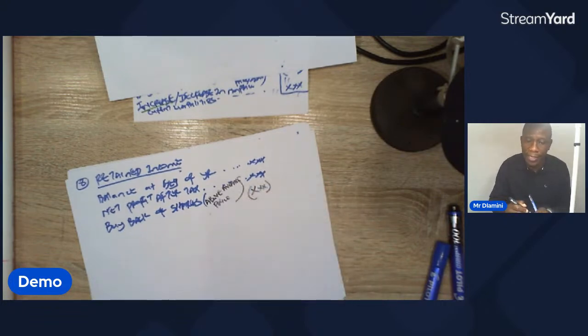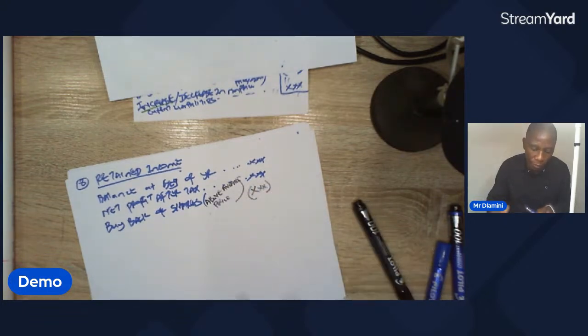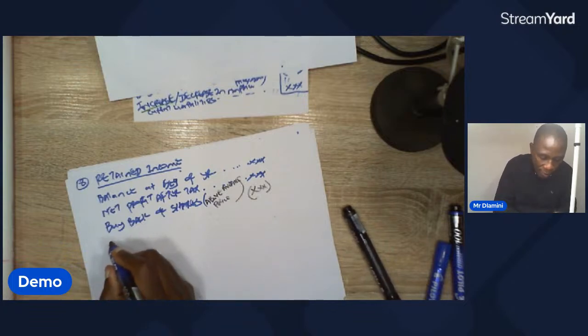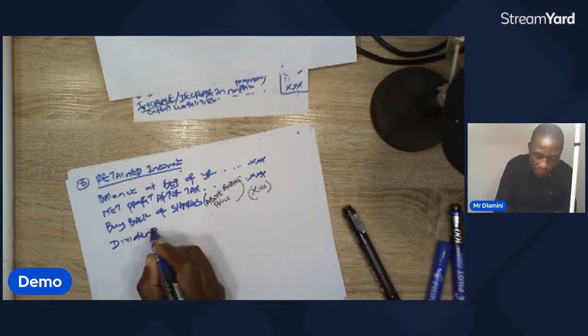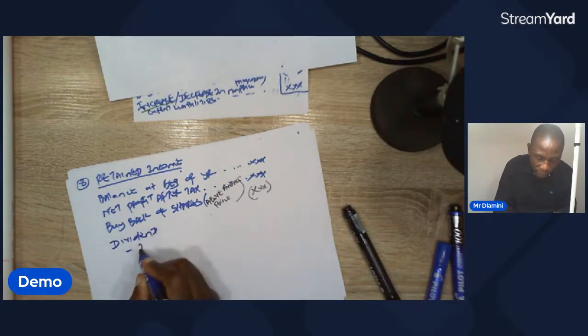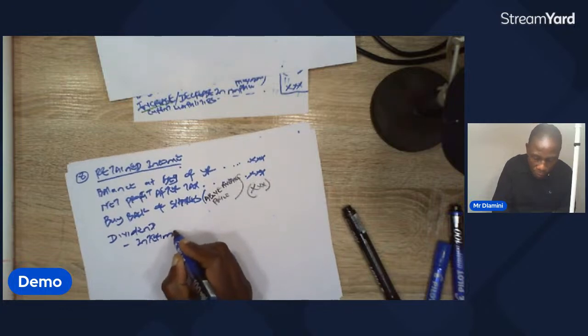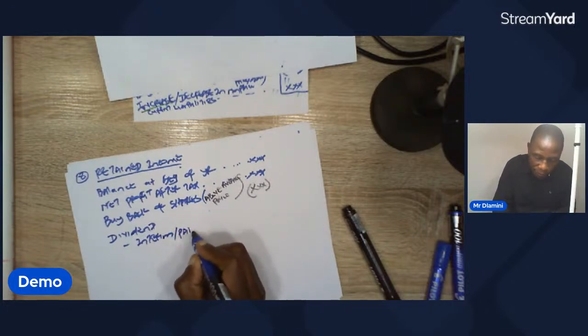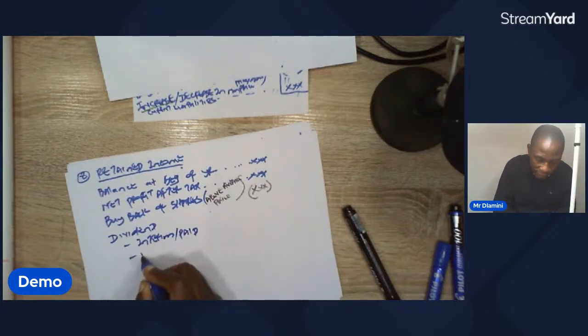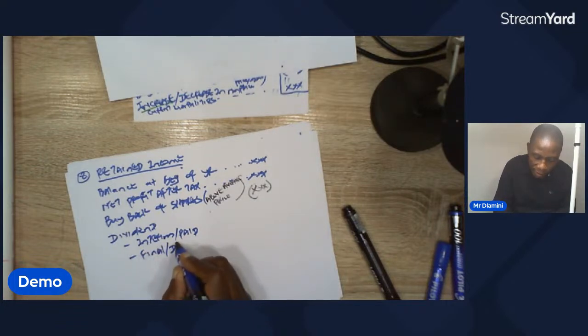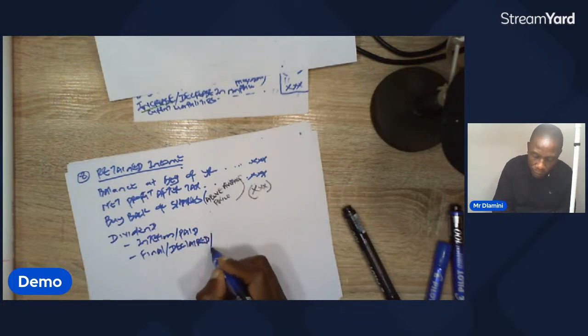Above the average price, you get your result here. You put it in brackets again. Always when there's a buyback, you put the figure in brackets. And then you have dividends. We have interim, or we call it paid, and final, or declared or recommended.